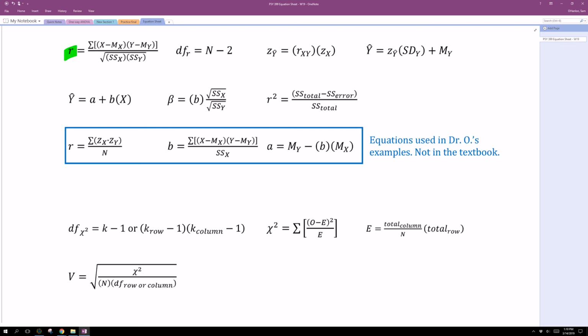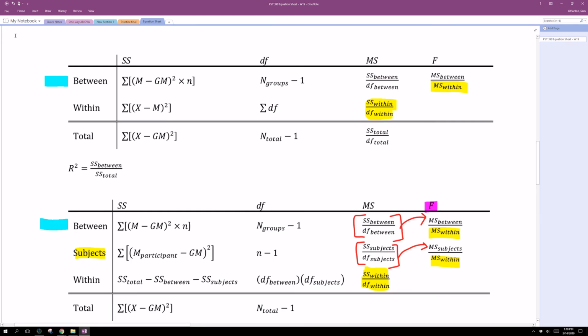Now, the word correlation describes a relationship between two continuous variables. What we were looking at before is you had a continuous dependent variable, but a categorical independent variable, right? So up in these equations, you are comparing groups.